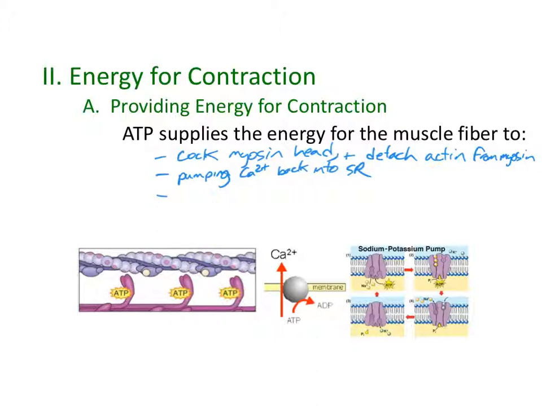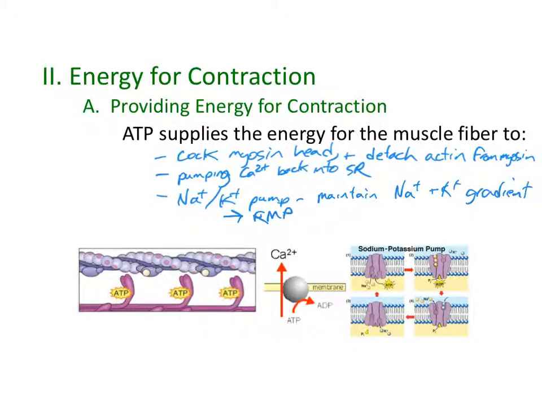The third step is creating the resting membrane potential, so the sodium-potassium pump. The sodium-potassium pump is used to maintain the resting membrane potential, so it maintains the sodium and potassium gradient, which the cell uses to create the resting membrane potential.